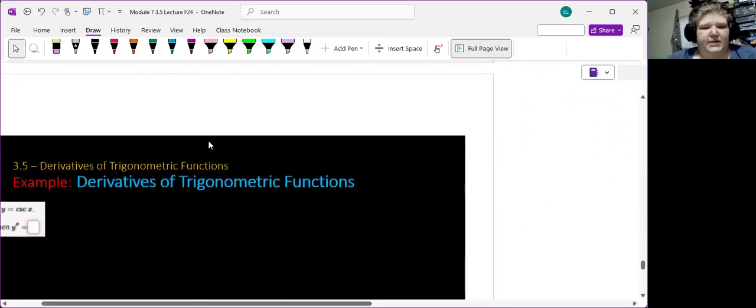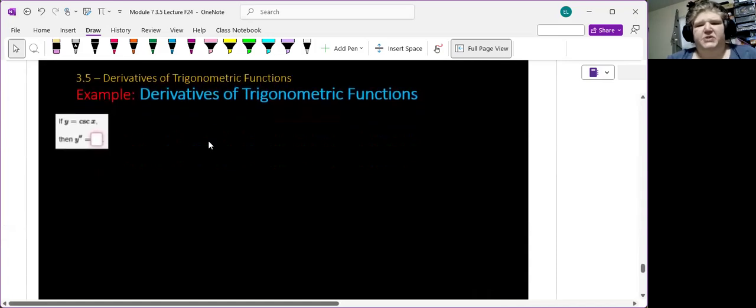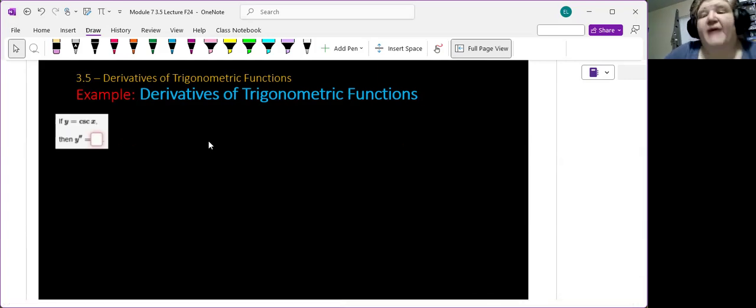All right. And now we come down here, and this one, y is cosecant x, like, cool, nice, small little thing. And then what? Y double prime. So we just did the derivative of secant, which was secant tangent.